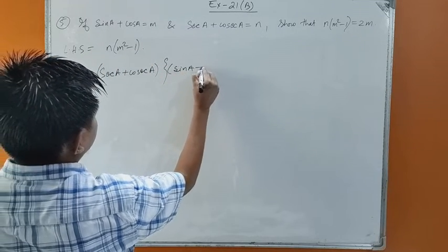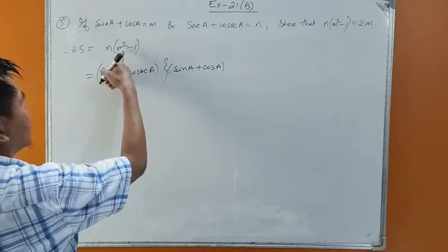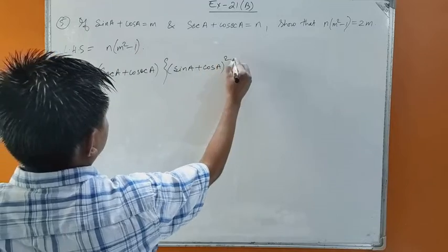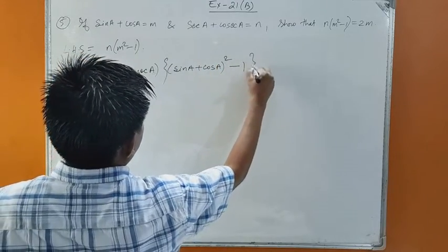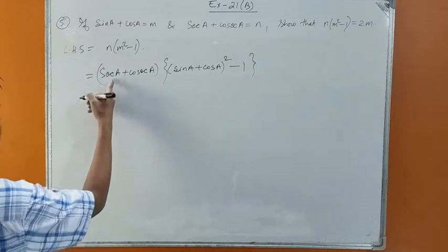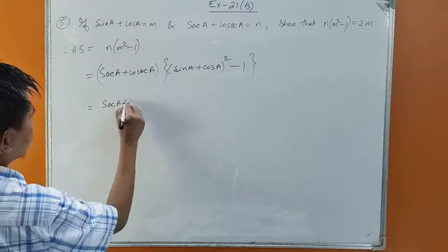Sin A plus cos A, this is m, isn't it? So m is squared, so we must square this, minus 1. So this is sec A plus cosec A. Sec A, for the time being we copy as it is.